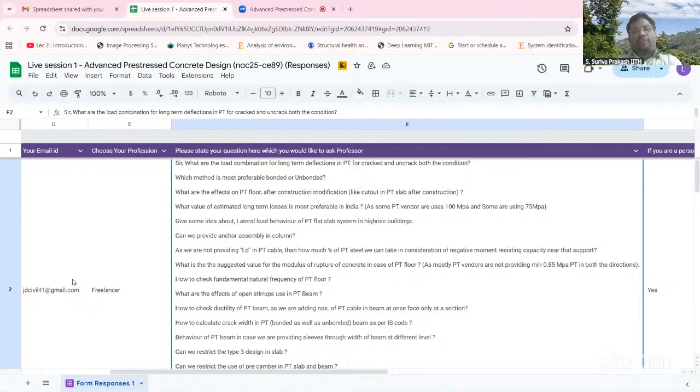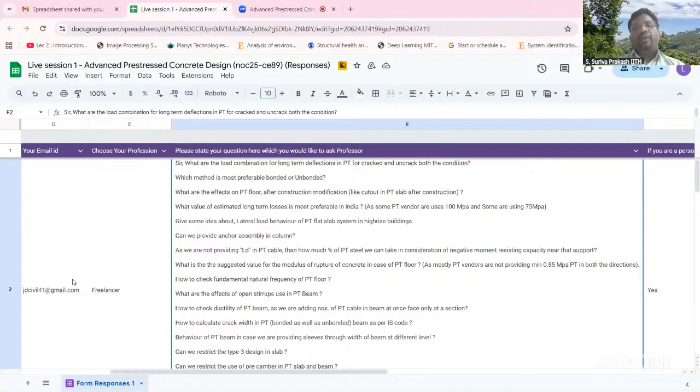In software, of course, you can also do staged analysis, but for simple hand calculations, this is what we do. When we design the PT, please keep in mind, we always try to make sure that under service condition, the post-tension elements are not going to be cracked.